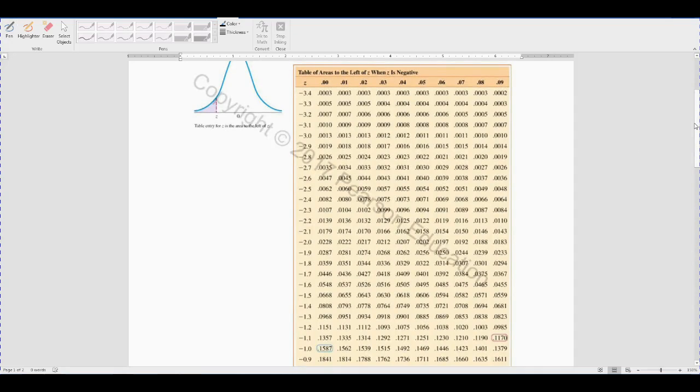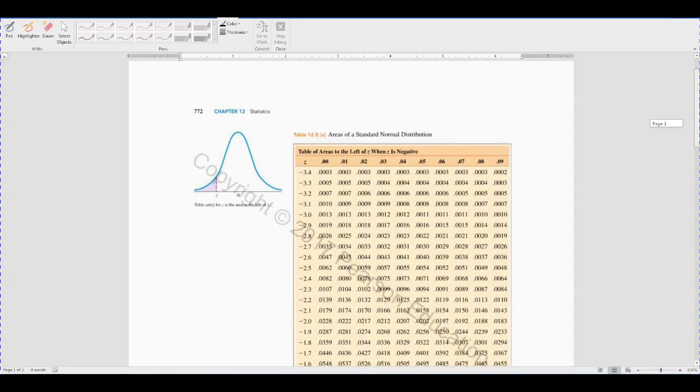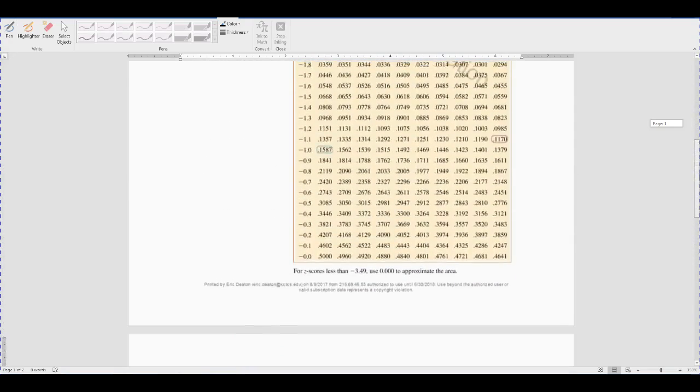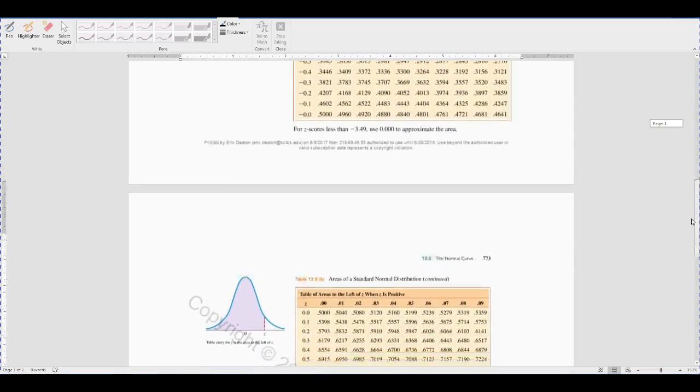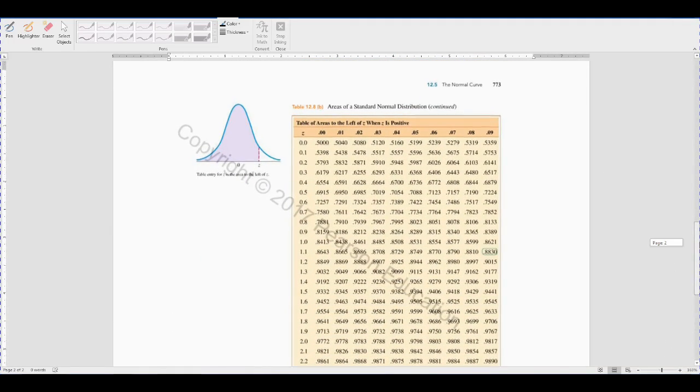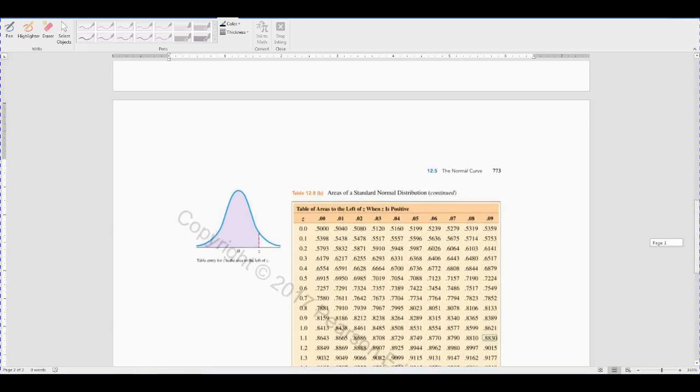This is from your book. It's actually pages 772 and 773. It's called a normal curve, and it has a bunch of values. These values are like areas.